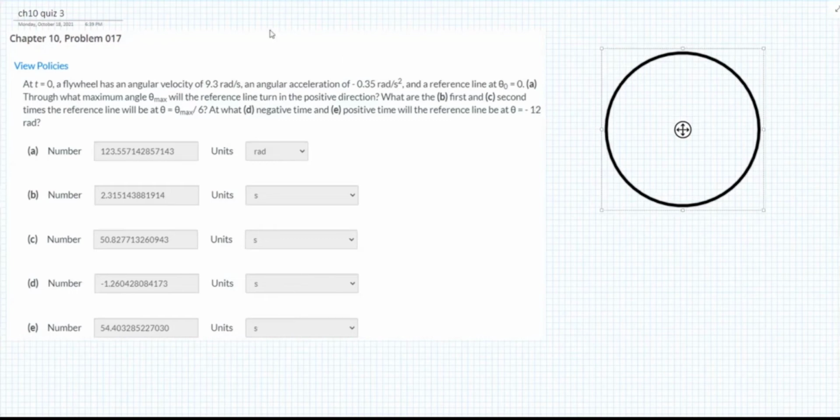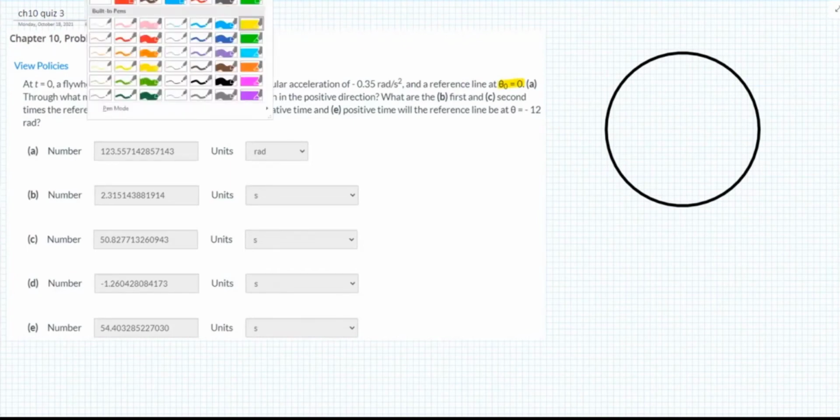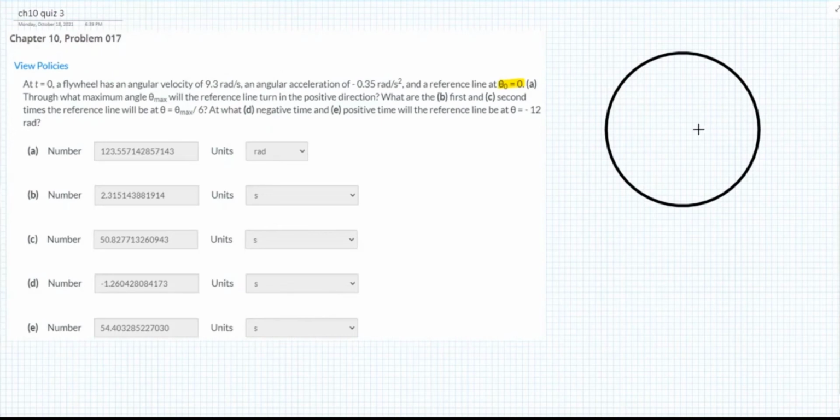So they're saying you have a flywheel at time equals 0. The reference line is at 0 radians. So let's draw that. Here is my reference line right here, from the center of that circle. That's it.